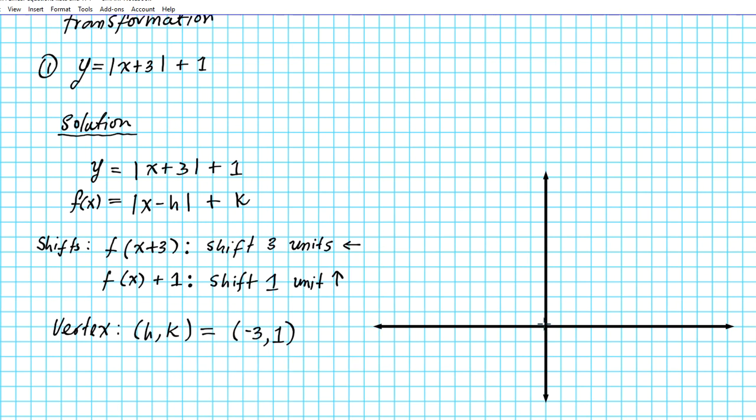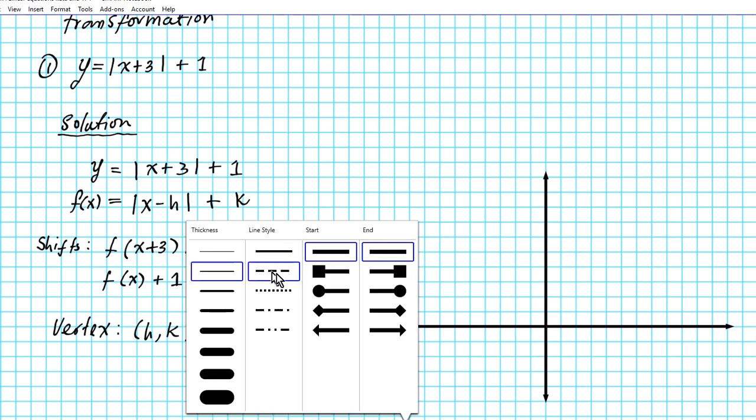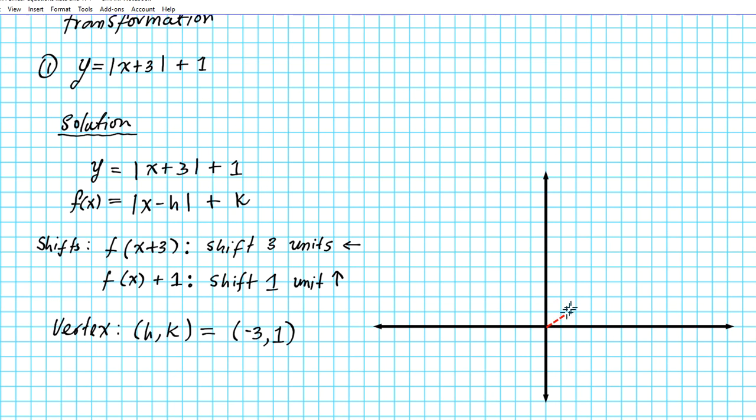All right, so this is what our original function is going to look like. Let me make it broken. This is the original absolute value function. You rise 1, you run 1, rise 1, run 1, because the slope is just 1, to the left, and then the same procedure to the right.